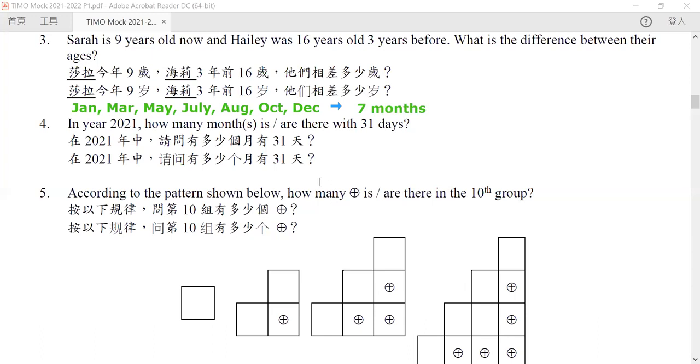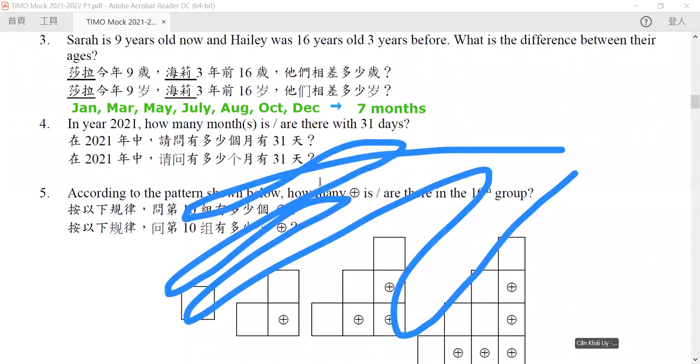At that time, you need to know how many days are in each month. So this question number 4 is asking you for this common knowledge. There are 7 months which are of 31 days.